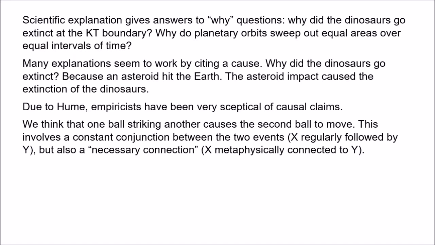We arrive at this conclusion because of a constant conjunction between the two types of events. When you repeatedly observe one ball hitting another and then the second ball moving, you conclude that the first ball causes the movement of the second. So for x to cause y, it must be the case that x is regularly followed by y. There's a constant conjunction between x and y.